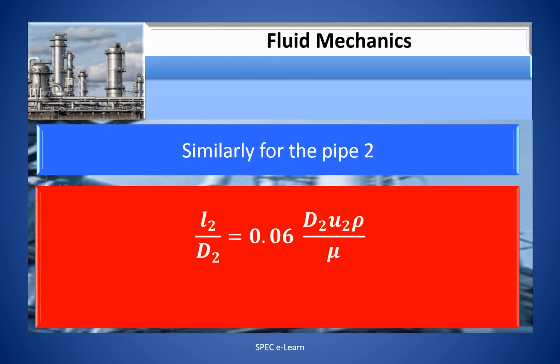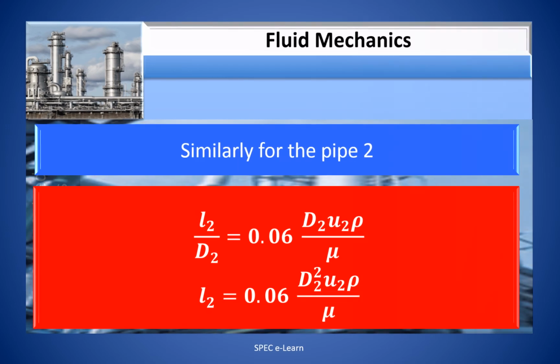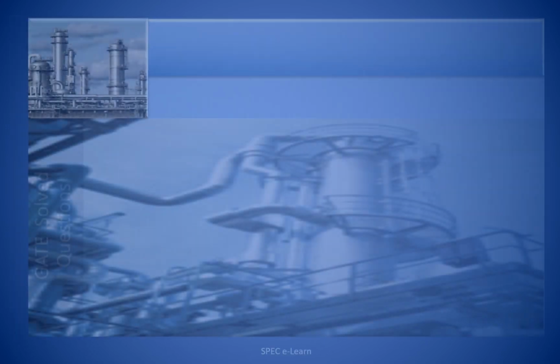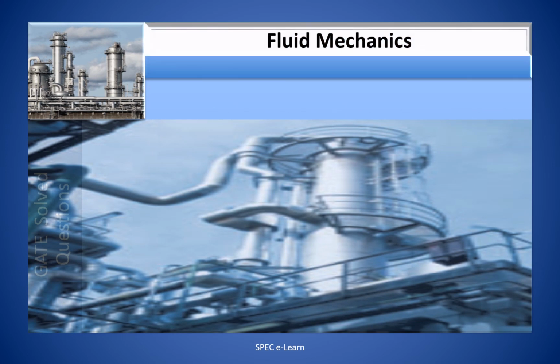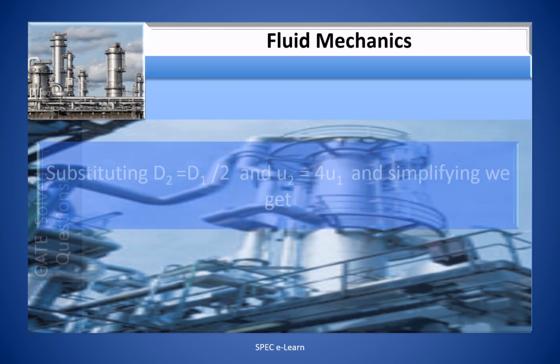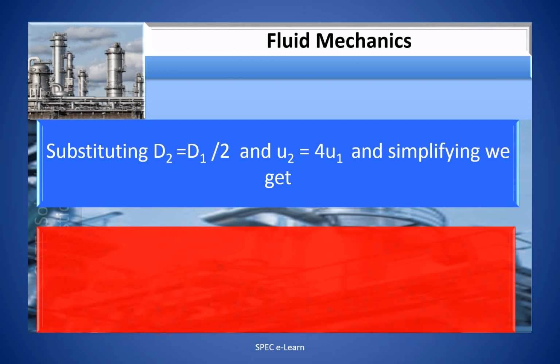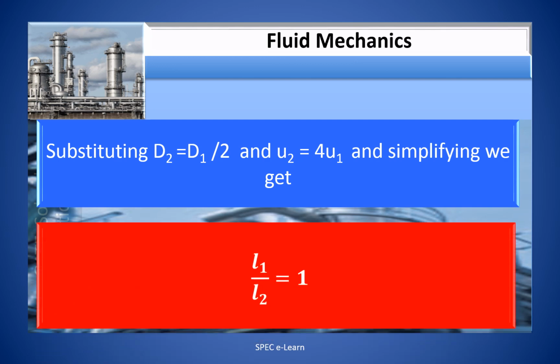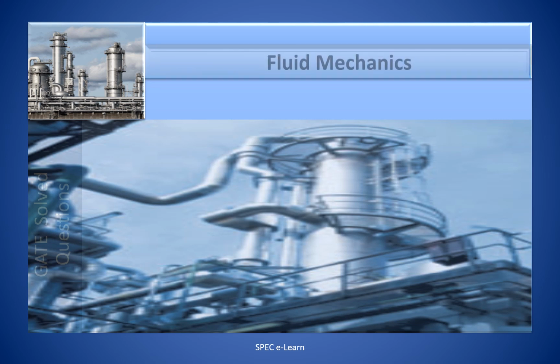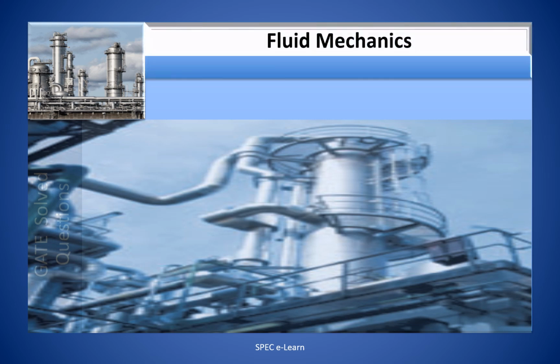So L2 becomes 0.06 times d2 squared into u2 rho by mu. Substituting d2 equal to d1 by 2 and u2 is equal to 4u1 and simplifying, we get L1 by L2 equal to 1. So the answer is option B.